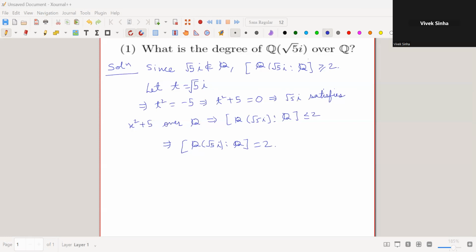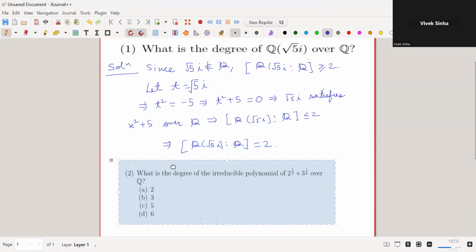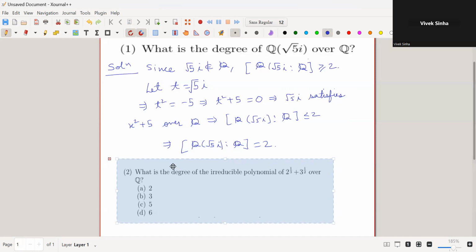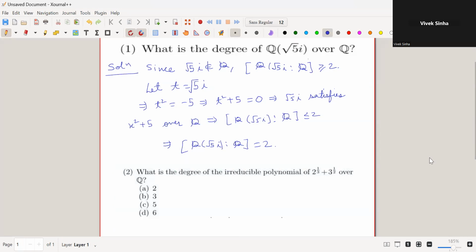The second question, if you ask me, is the most crucial question of the entire assignment, and it needed some theory that we already saw during the revision of the lecture notes. So it says, what is the degree of the irreducible polynomial of 2^(1/3) + 3^(1/2) over Q?